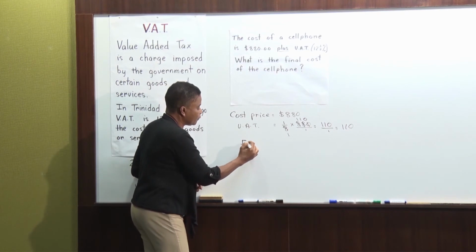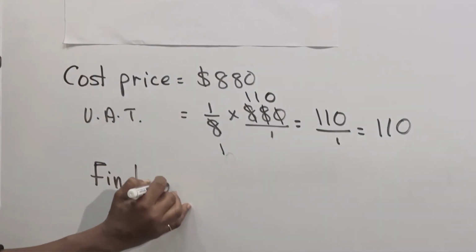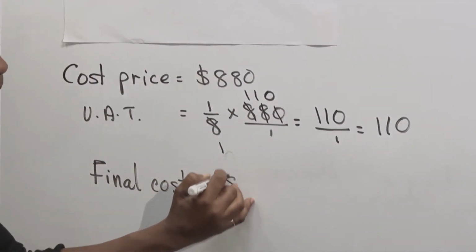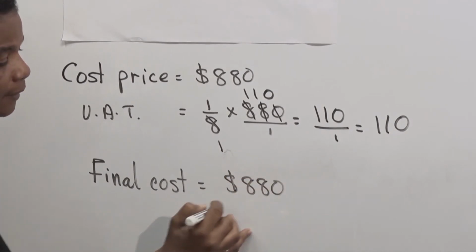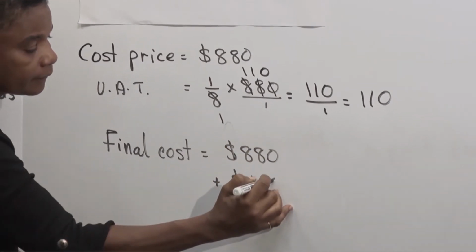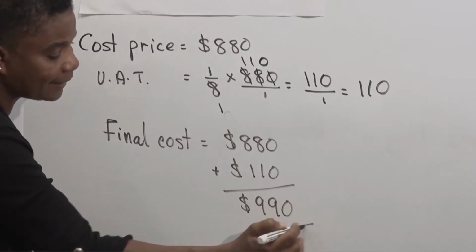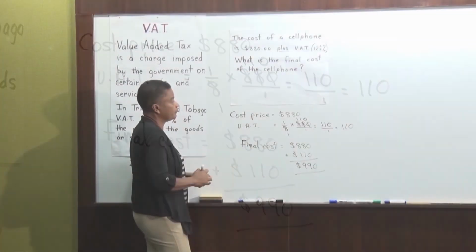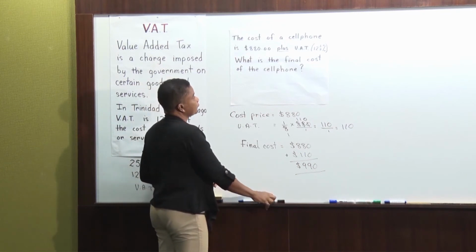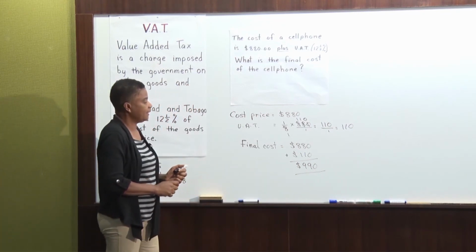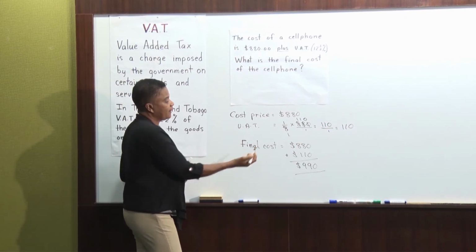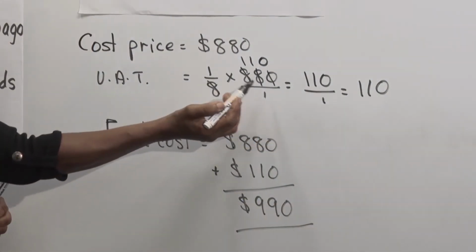So the final cost of the cell phone would be the price of the cell phone plus the VAT, which will bring us to a total of $990. Let's do that over. The first thing we need to find is the VAT. The VAT is 1/8 of the cost.